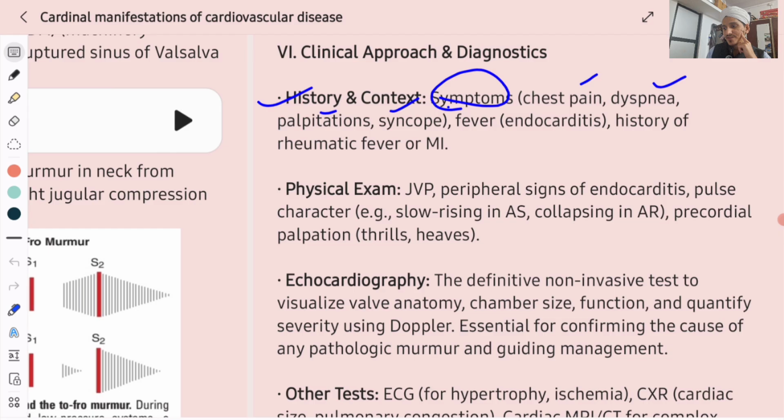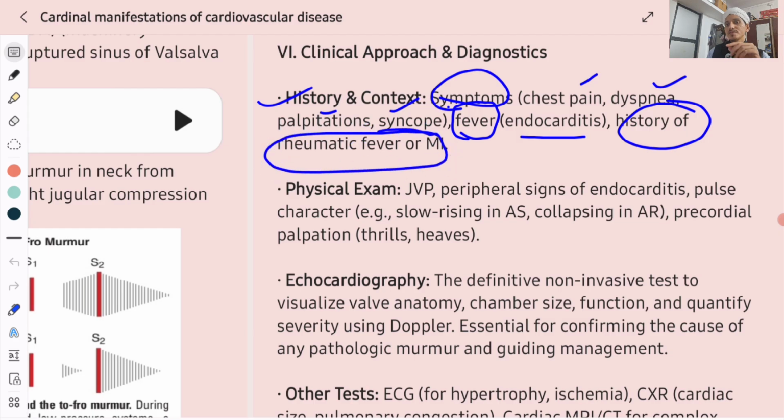If there is associated fever, then suspect endocarditis, infection of the damaged valve. Ask for a history of rheumatic fever or MI, because these can be the cause of valvular abnormality. Rheumatic heart disease is the most common cause of valvular abnormality. Remember this point.